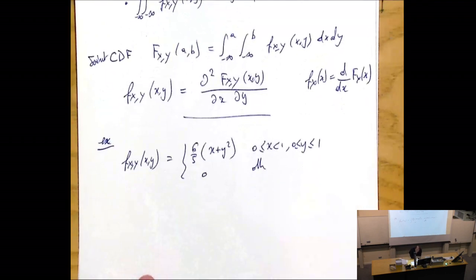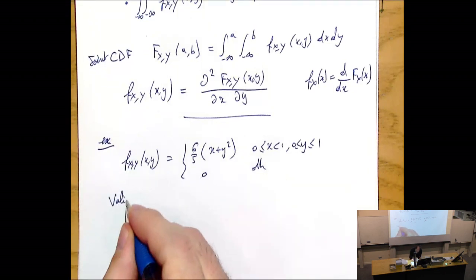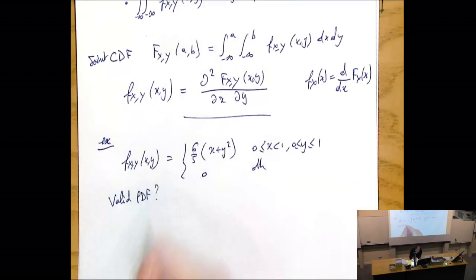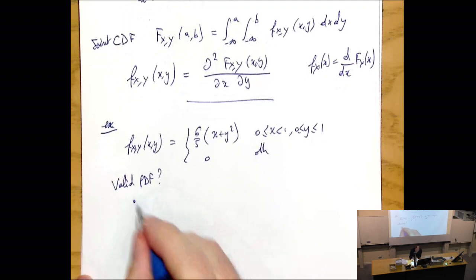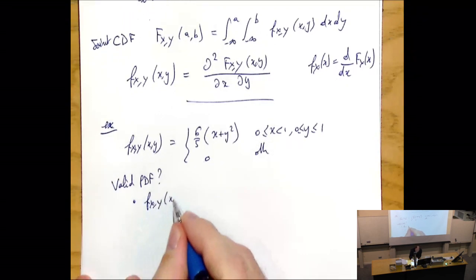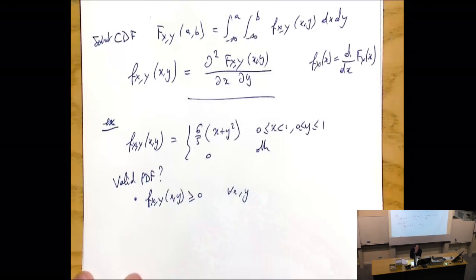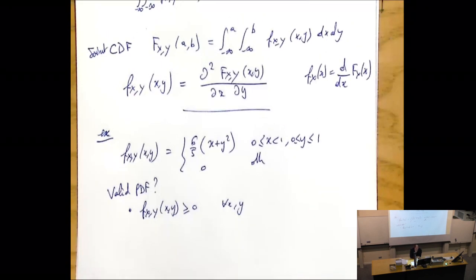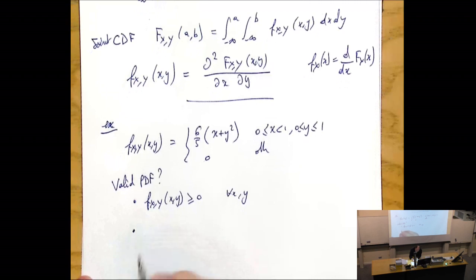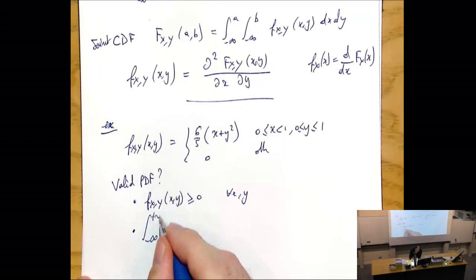So this is a joint PDF. Is that a valid PDF? That's the question we try to see first. To be valid, this has to be positive for all x and all y. This is correct.